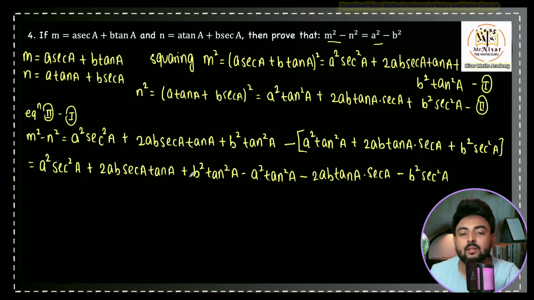Okay, then see what things can get cancelled. Plus 2ab sec a tan a, here it is minus 2ab sec a tan a, this got cancelled.